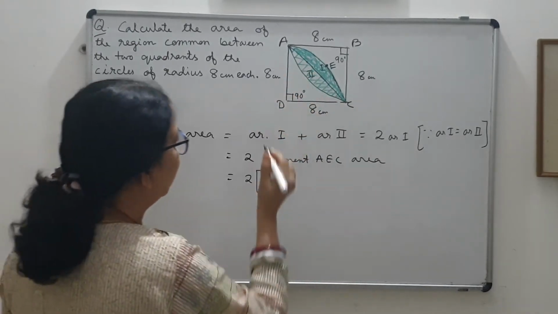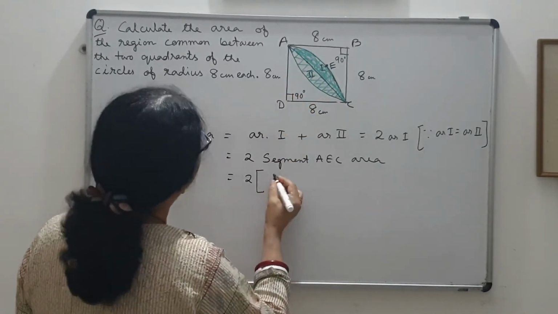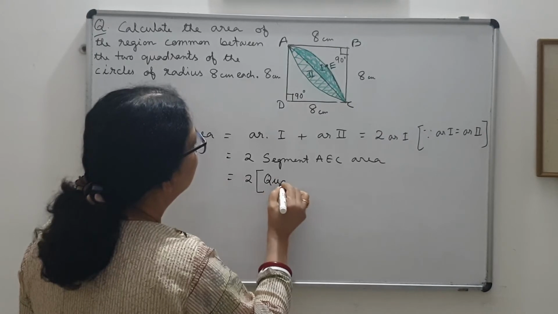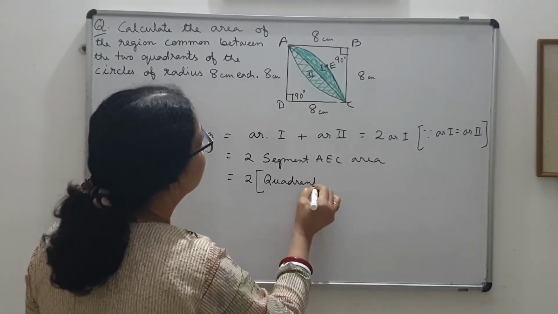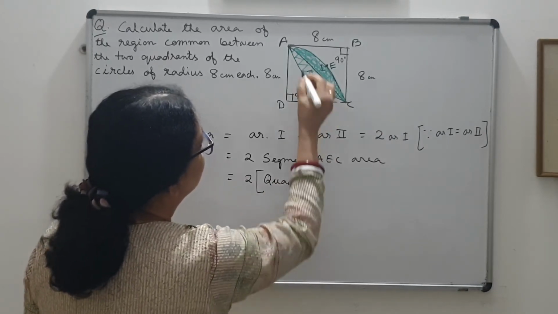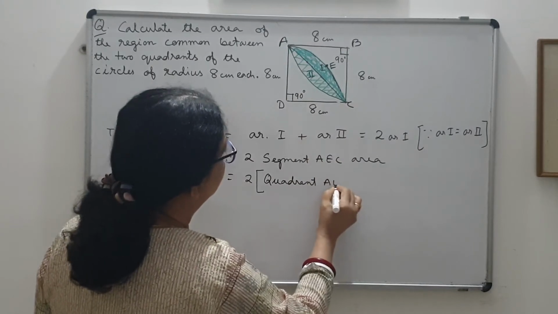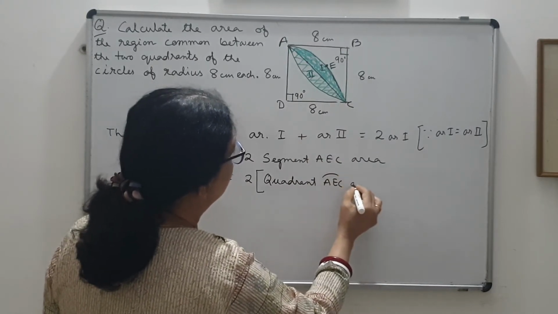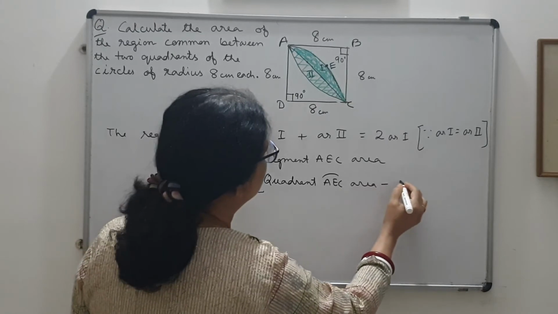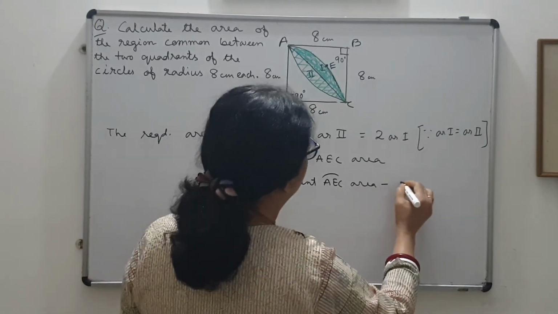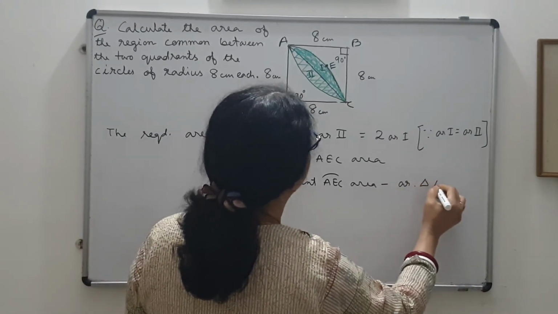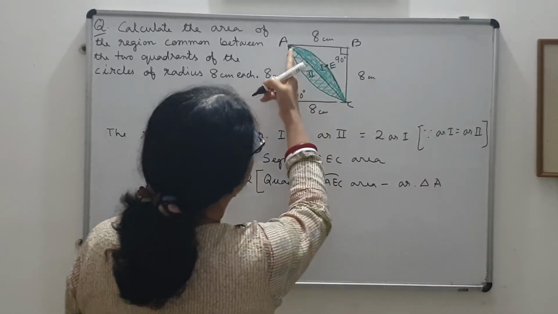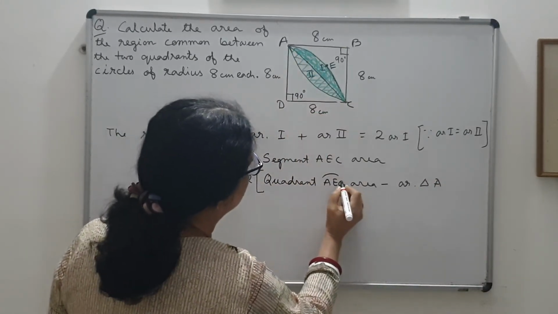So quadrant AEC area minus area of triangle ADC.